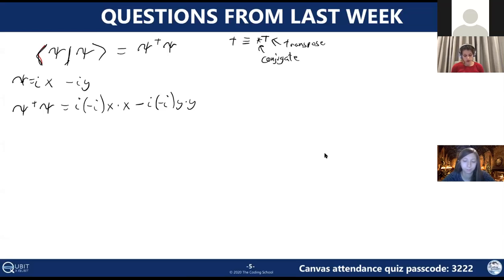When you do this, you're always going to end up with a positive number, because a negative i times an i gives you the square root of negative 1 squared, which is 1. So when you have this extra minus sign, it'll always end up being positive. So we'll end up with x squared minus y squared with this.